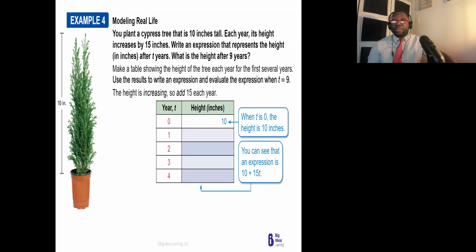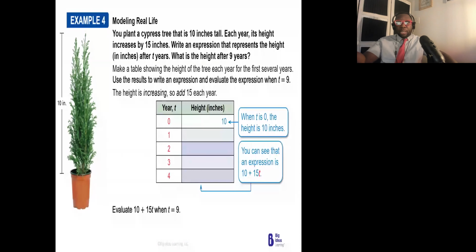So if it starts off 10 inches, after 1 year would be what? 10 plus 15. After 2 years would be 15 plus 15, or 15 times 2. After 3 years, 15 times 3. After 4 years, 15 times 4. And so our expression would be 10 plus 15 times whatever the number of years.